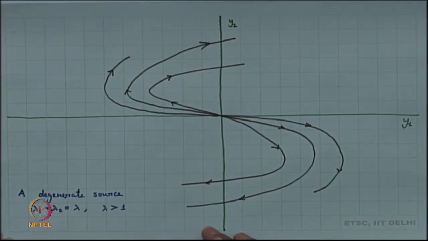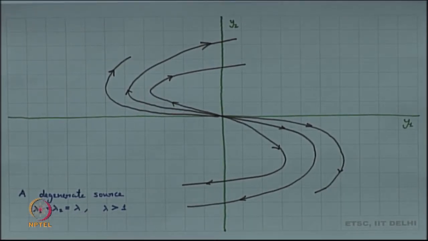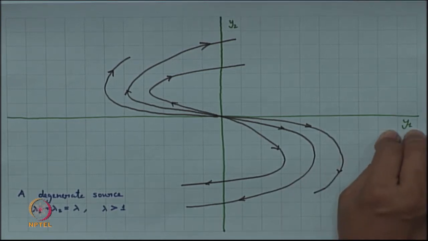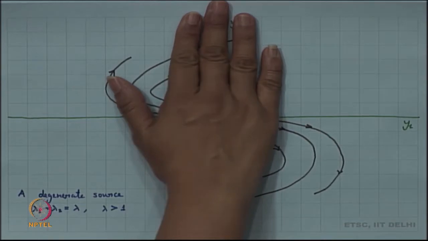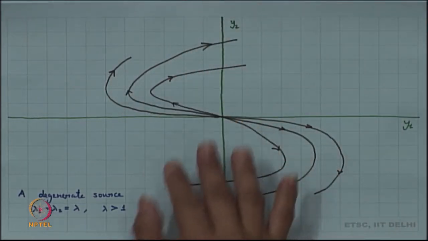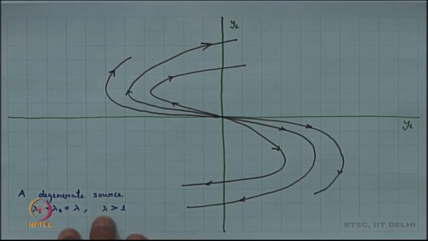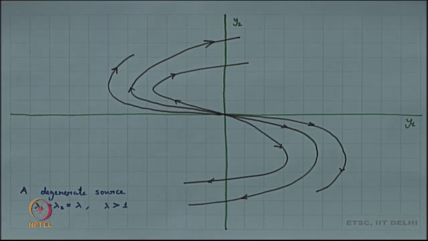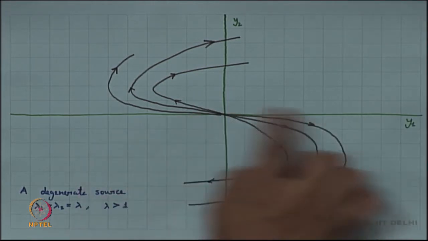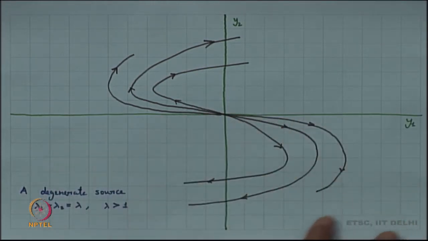So, we have the origin, right. We have this eigenvector y1, y2 is no longer an eigenvector here, but the eigenvalue is greater than 1, right. So, everything is moving away from the origin, in a degenerate form, not a direct form.